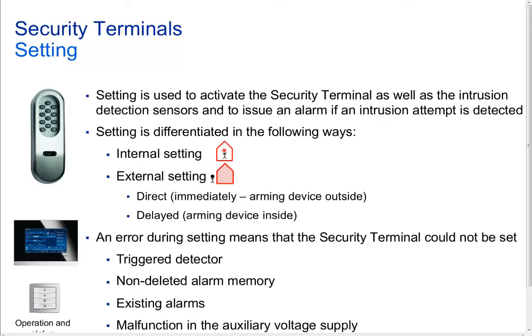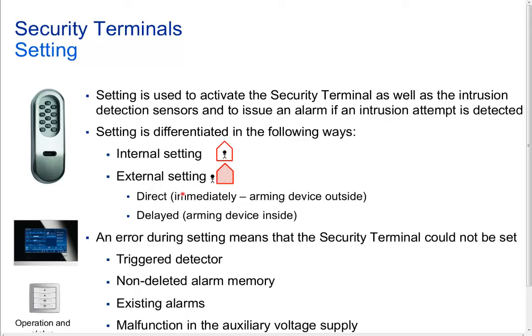Of course, that's not good. If you have internal setting, you will activate only all peripheral sensors, meaning window contacts, for example, or door contacts, glass break sensors, but never any motion detectors. But this will be done completely if you have external setting active, you leave your house completely. And then, of course, you can enable all the sensors you have installed in your house.